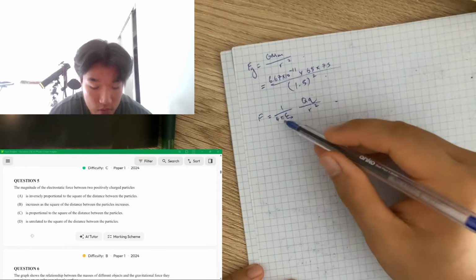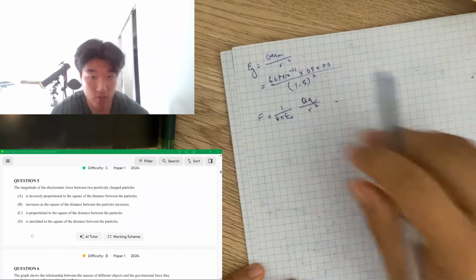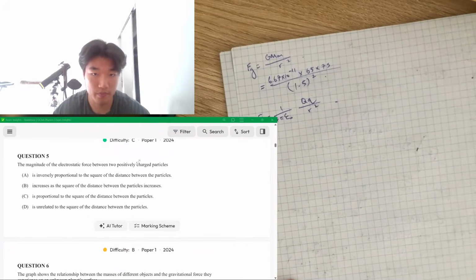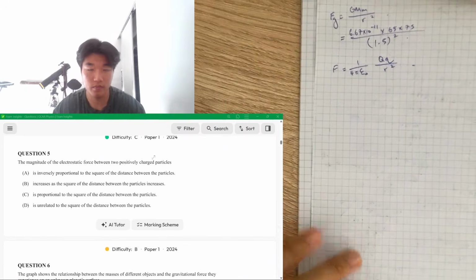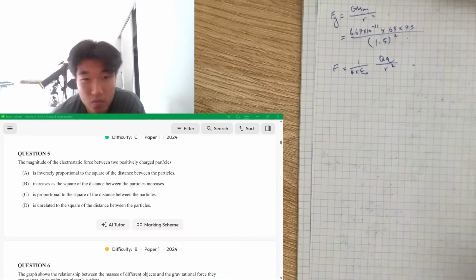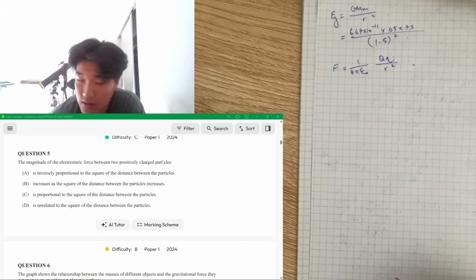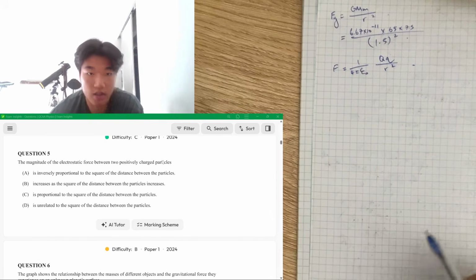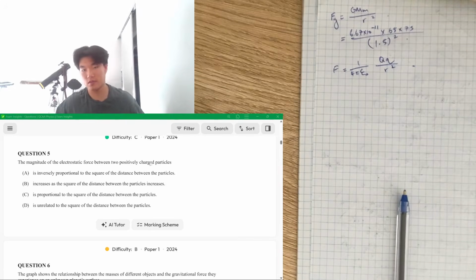Okay, so the force between two positively charged particles is inversely proportional to the square of the distance. Yeah, it is. So could be A. Probably is A. Increases as the square of the distance increases? No. That contradicts what A is saying. Is proportional to the square of the distance? No. Is unrelated? Okay, so they're all talking about the square, so it's going to be A.